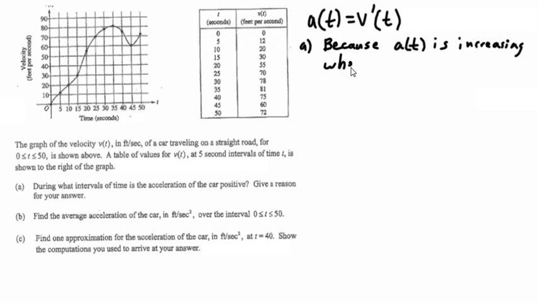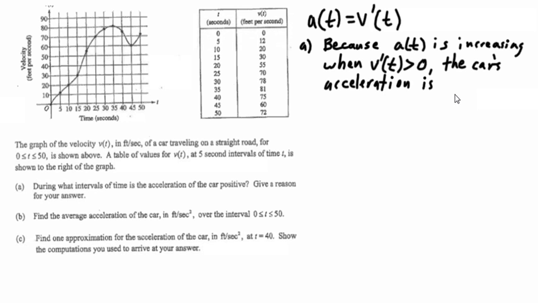when, we'll say when in this case since t is time, when v prime of t is greater than 0, the car acceleration is positive on, when we say on, we mean on the interval of, if we look at the graph, we see the slope of this relation showing the velocity is positive between t equals 0 and t equals 35.